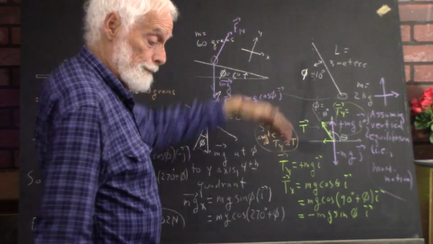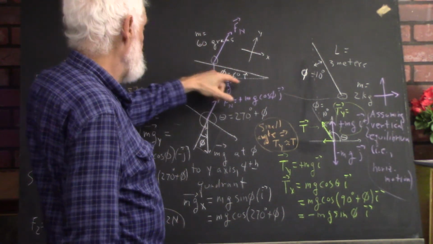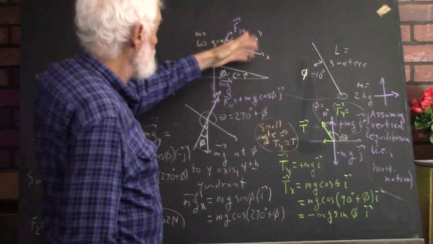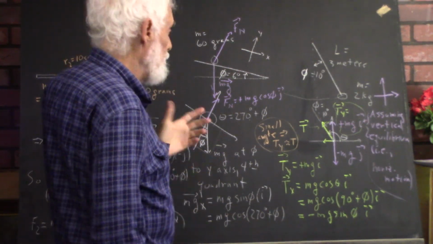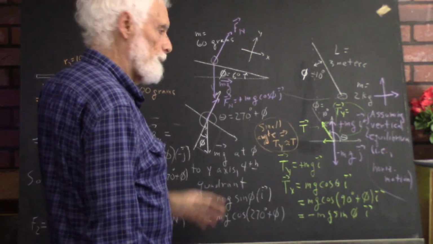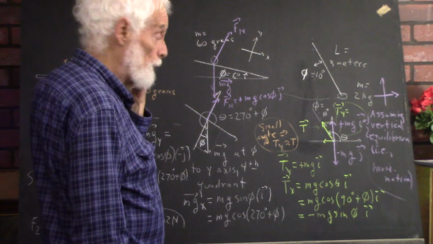A mass on an incline at angle phi, I said 6 degrees, but I never used the 6 degrees. We use a tilted coordinate system, as we did in the last example on the previous board, the fourth problem on the quiz.